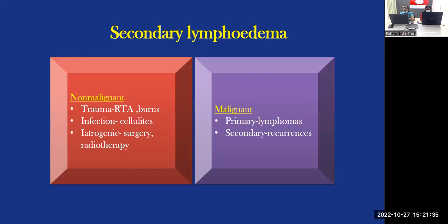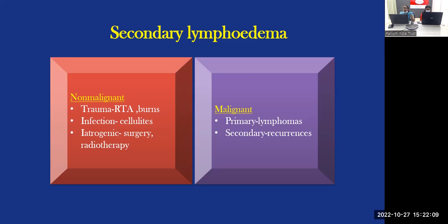Secondary lymphedema is again divided into two, non-malignant and malignant. Non-malignant is trauma. If there is a major road traffic accident, there is a chance of damage to major lymph nodes. Sometimes the inguinal nodes will be affected. At that time, the person will gradually develop edema in the lower limbs.